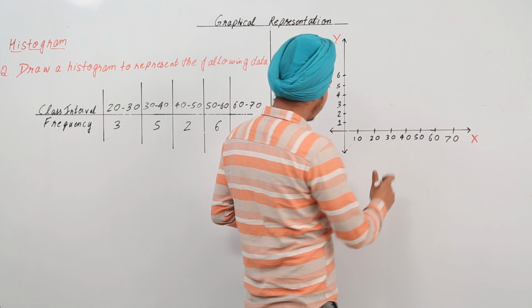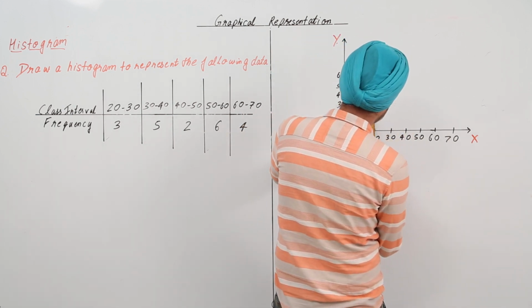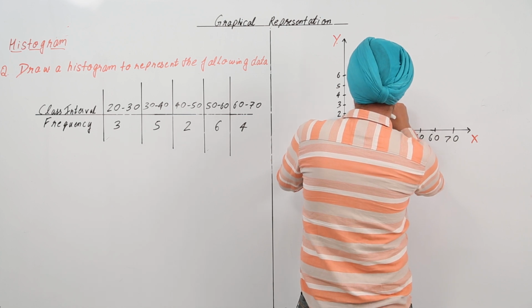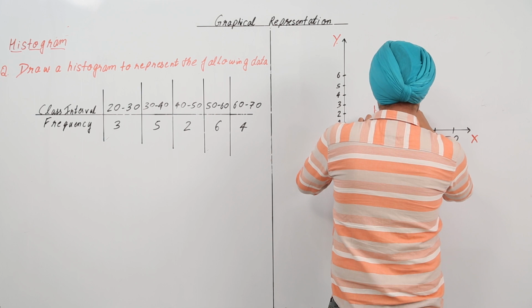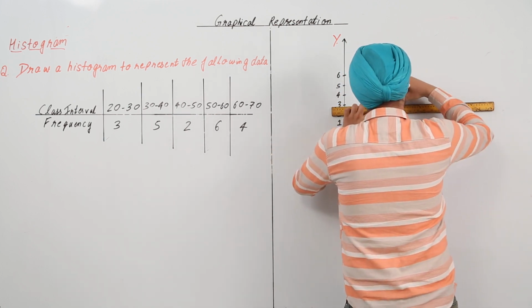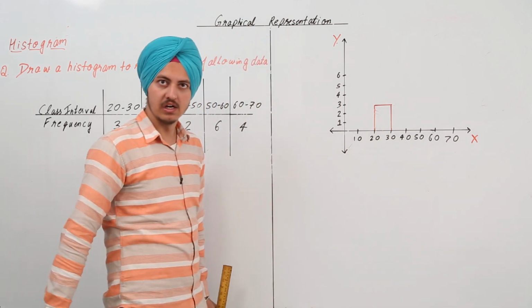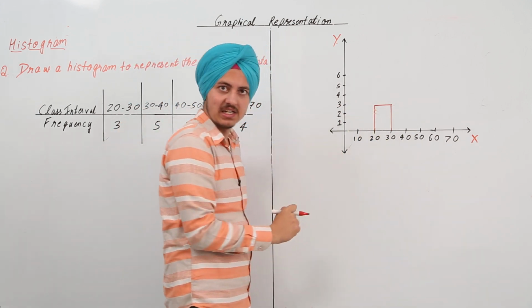So you just construct a line from 20 and you construct a bar-like thing from 20 to 30 and raise it till 3. Something like this. Okay, this is from 20 to 30 and the frequency is 3.